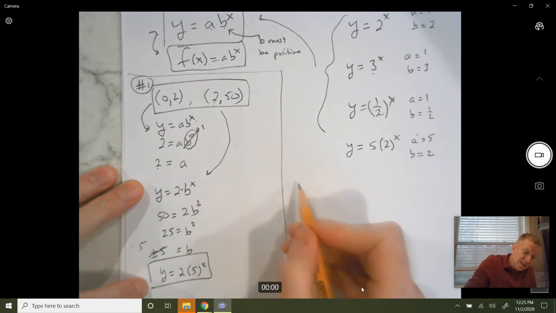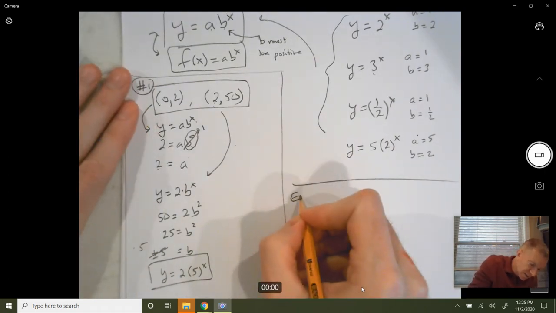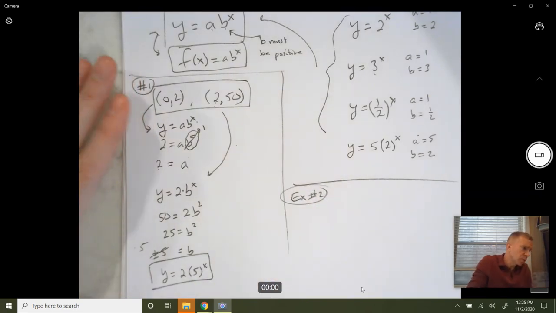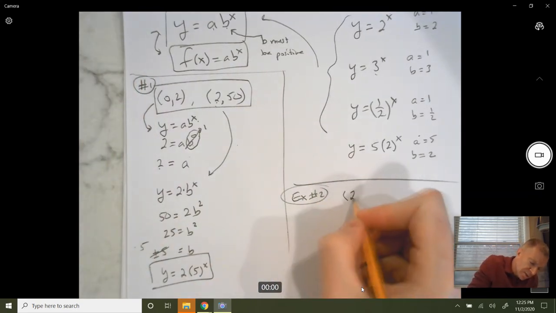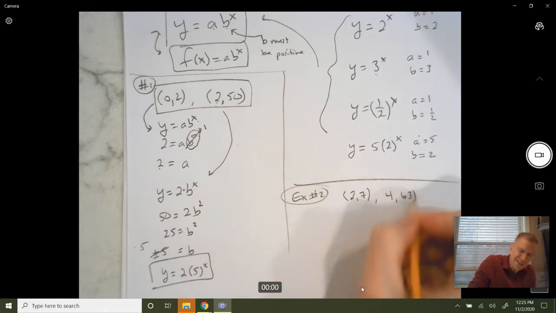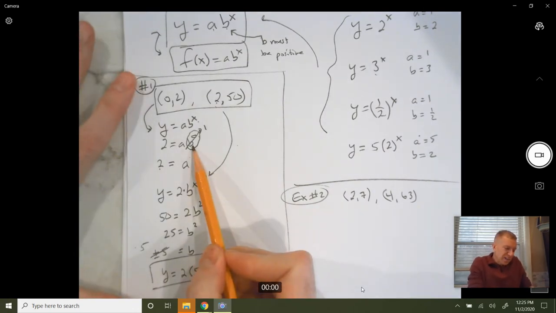Now I'm going to give you a second example that doesn't work out quite as nicely. Let's say you have two ordered pairs, (2, 7) and (4, 63). I shouldn't say it doesn't work out as nicely. It does work out nicely. It's just that you don't have this bonus where the x value is 0.